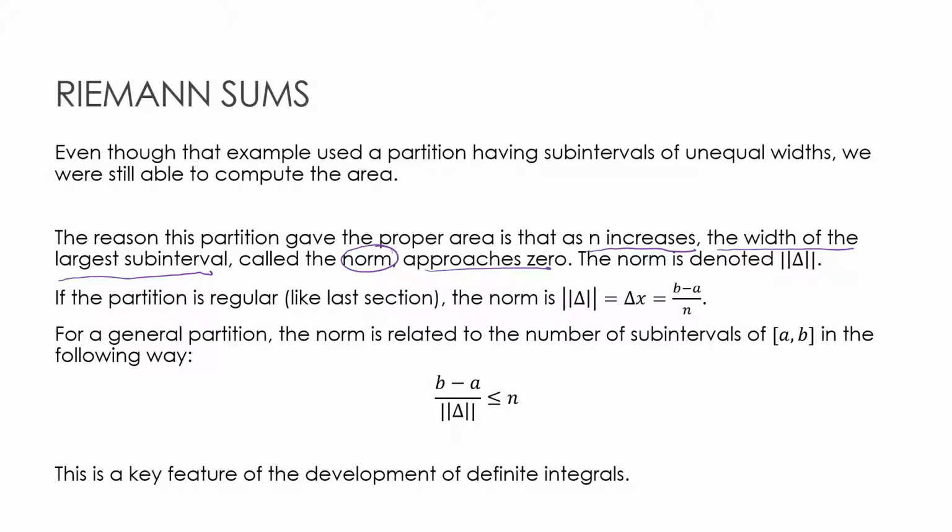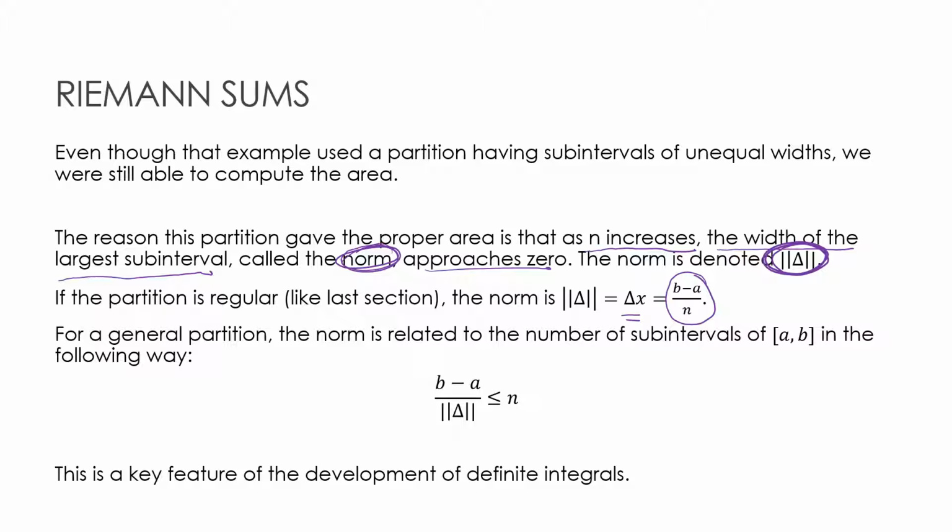So it's essentially the same thing we did before. You might see this, which is 2 absolute value signs with the delta in the middle. That means norm. Essentially, the norm is delta x, which is similar to that b minus a over n that we used when we had all equal intervals. It's all really the same thing.